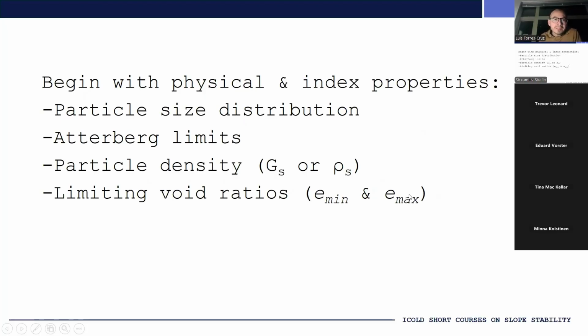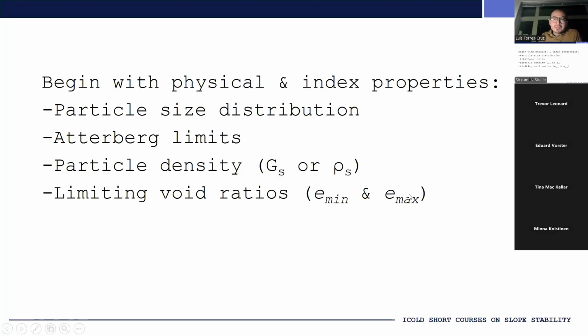The bulletin makes us aware that we begin with obtaining physical and index properties that include particle size distribution, Atterberg limits, and particle density, which can be expressed either as the density of the solids or as a specific gravity. It also explicitly mentions limiting void ratios, that is the minimum and the maximum void ratio.